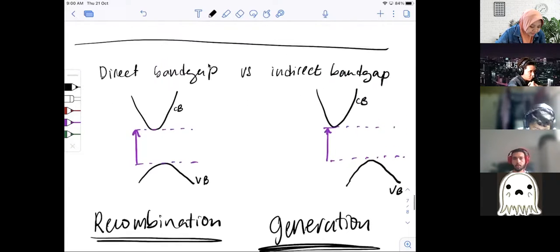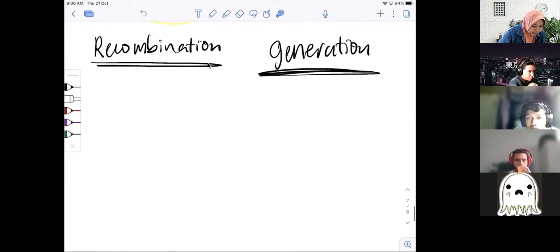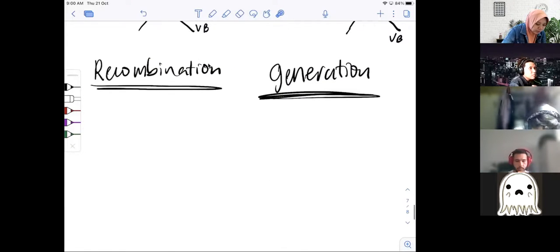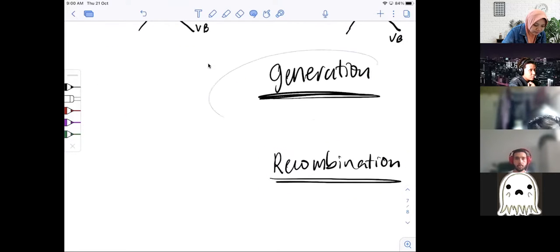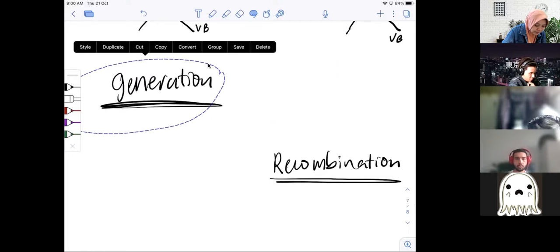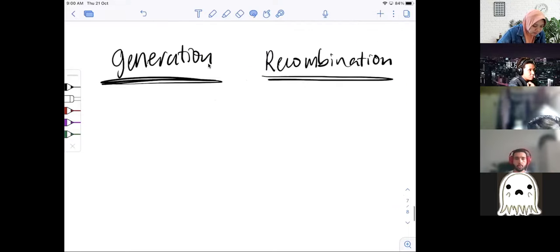Just hold your thoughts about this, we'll go back to this later. Normally we say generation and recombination, it's not the other way around.